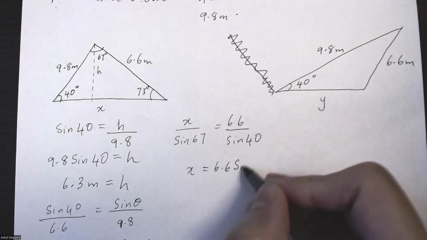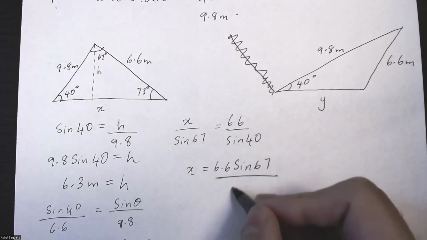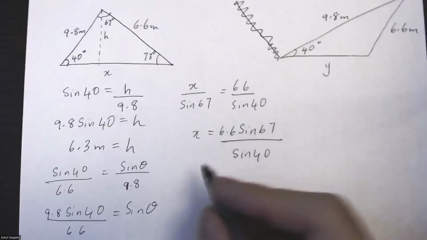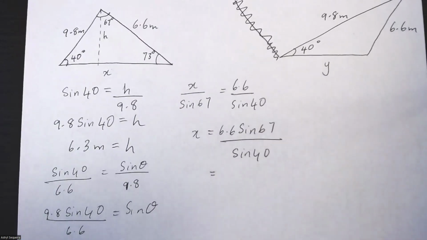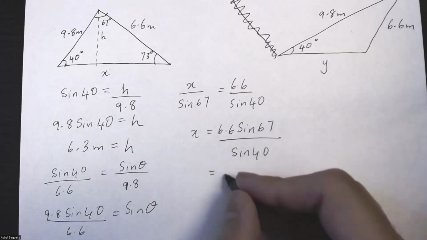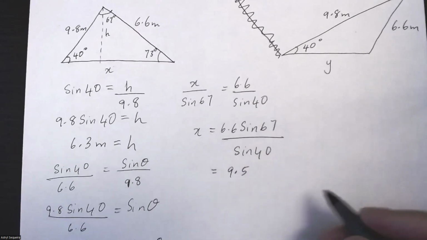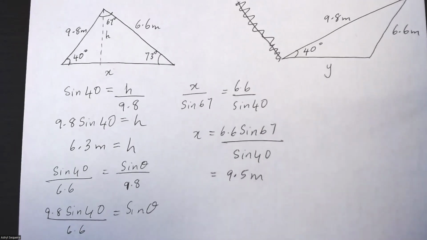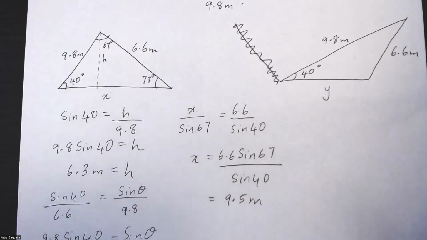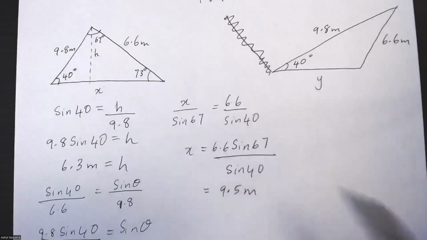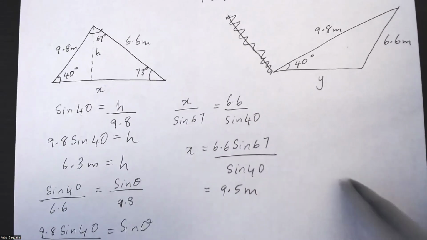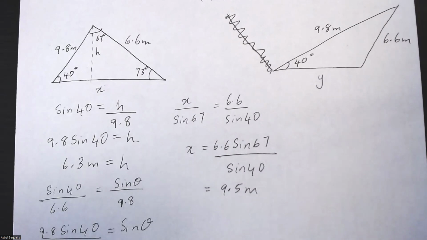So 6.6 sine 67 over sine 40. And 6.6 sine 67 over sine 40 is 9.5 meters. So that's definitely possible. So the first triangle is 100% possible. So we definitely have one possible length for the bottom side.